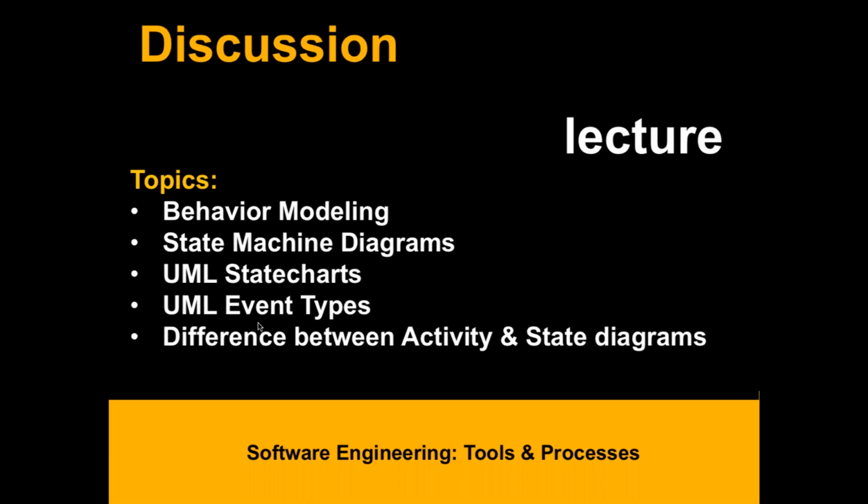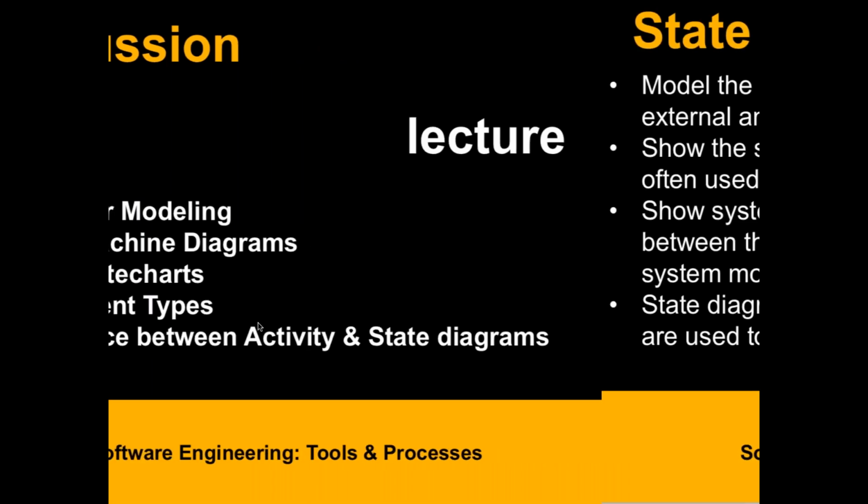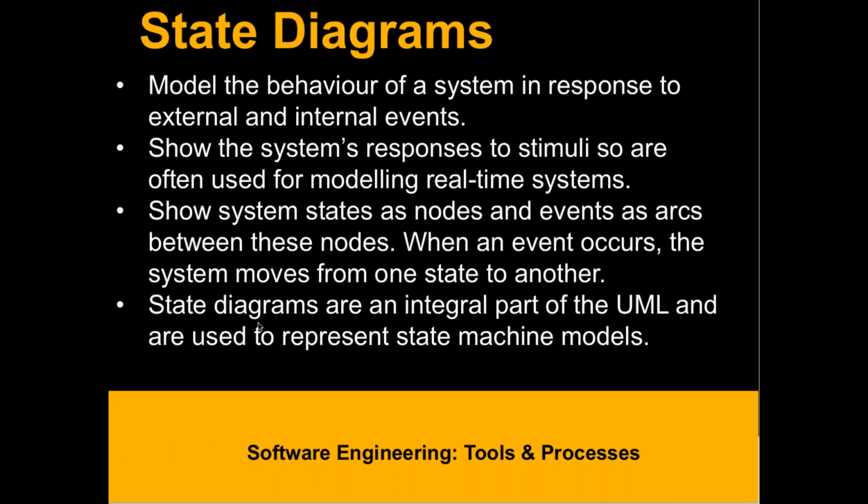Like I said before, the purpose of a state diagram is to focus on one individual object and think of all of the different states that this object can be in, and what are some of the external and internal events that this object is reacting to.